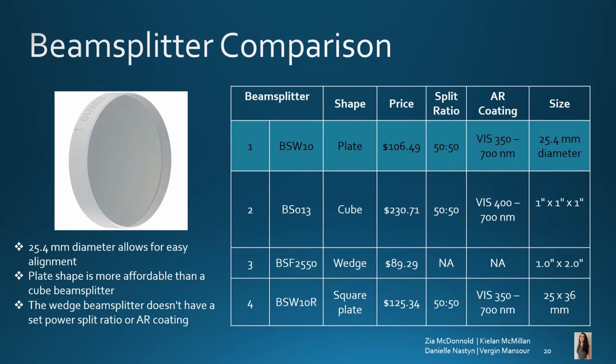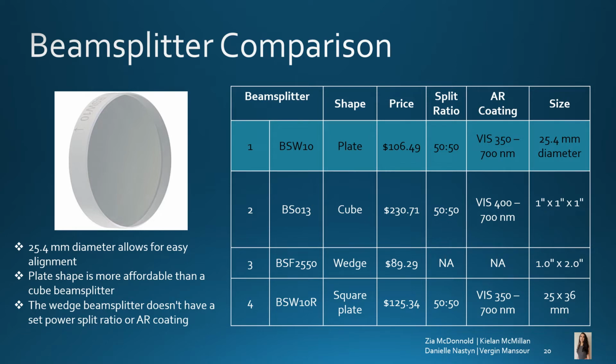Here we look at the comparison of beam splitters. Beam splitter 1 seems to meet all of the specifications, including a 25.4 mm diameter, a 50-50 split ratio, and a visible light anti-reflective coating. In comparison to beam splitter 2, which is a cube beam splitter and meets all of the specifications, however, it is more than double the cost of beam splitter 1.